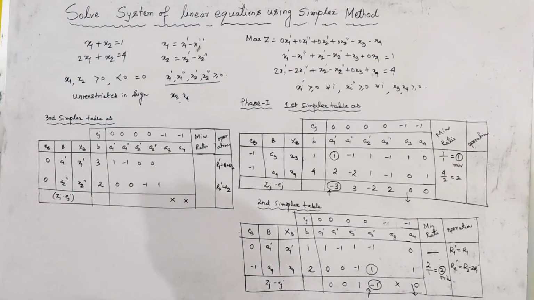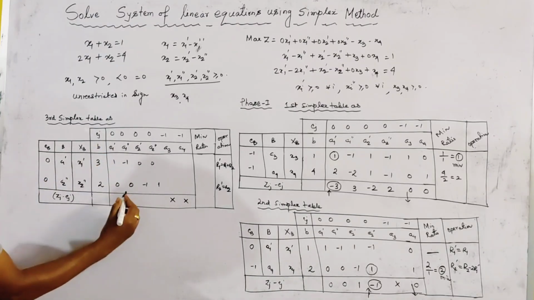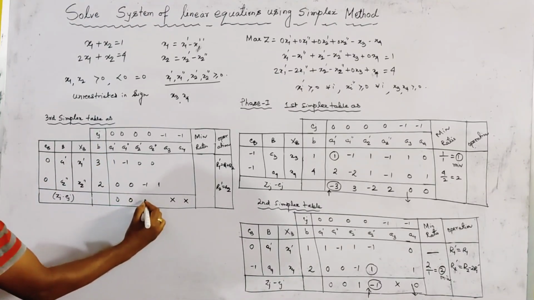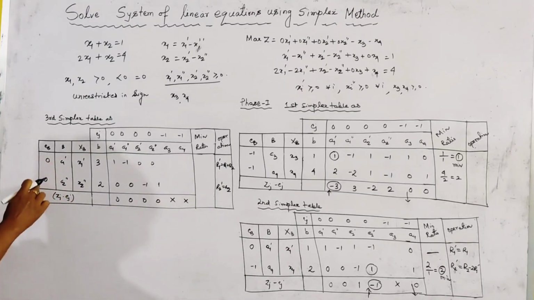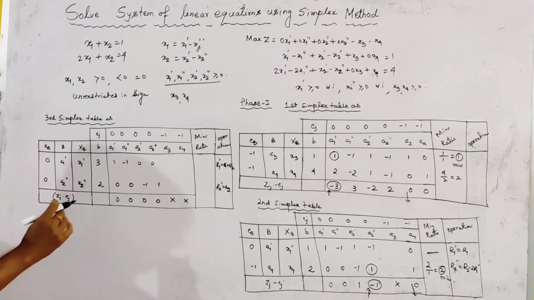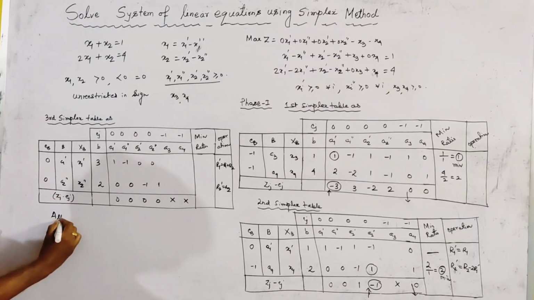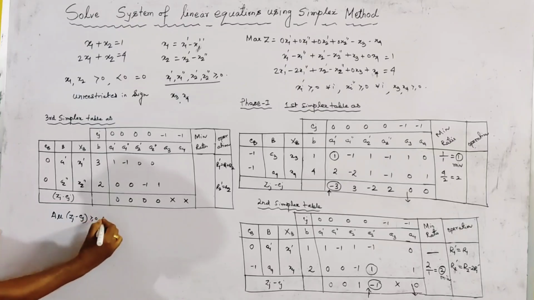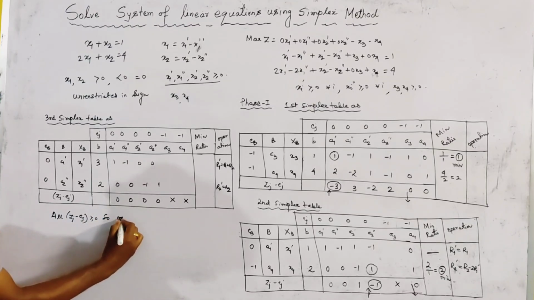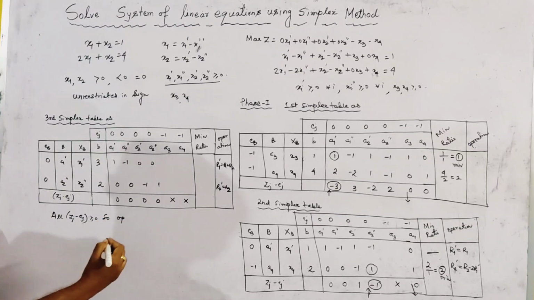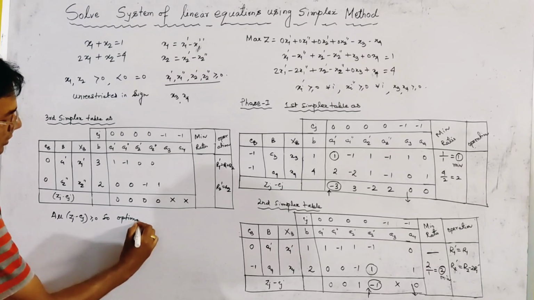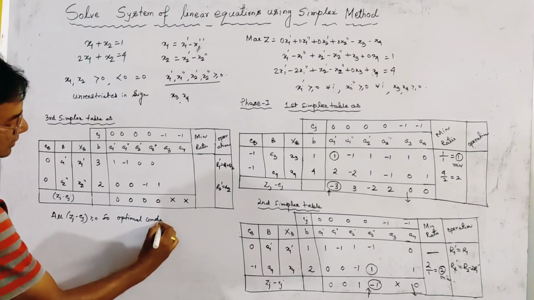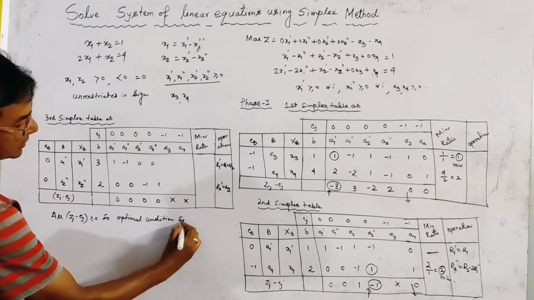Okay, now we calculate the net evaluation, and the net evaluation gives 0 0 0 0 because the cost vector is 0 here. Okay, and it is clear that all zj minus cj greater than or equal to 0, so the optimal condition is reached, optimal condition satisfied.